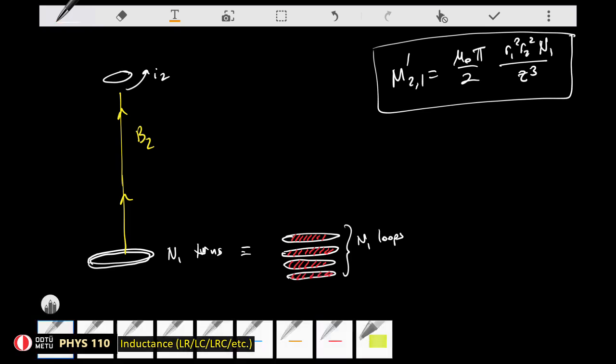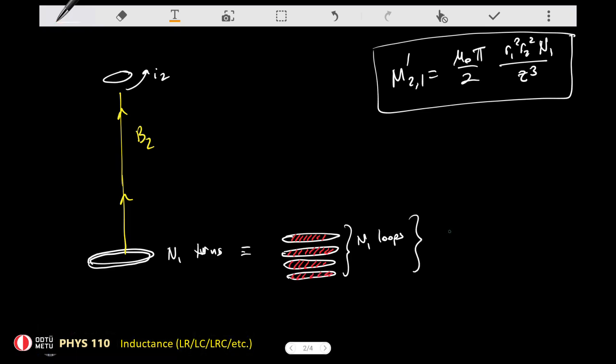That would be equivalent to the area being equal to N1 multiplied with the basic area of the coil, so that's pi times R1 squared. So when you're computing the flux, the flux on the first circuit would be N1 times this area multiplied with B2. So you can also see that this expression also would be multiplied in the same way.